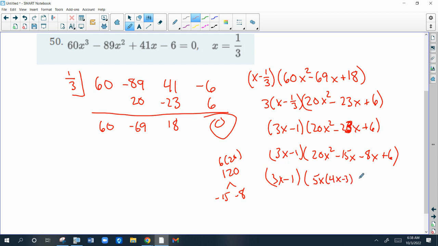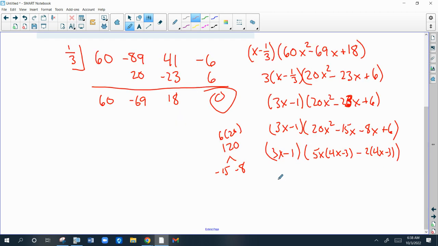And from the second one, I'm going to factor out a -2. So I get the 4x minus 3's on both of them, so I can factor that out. So my final factorization here is 3x minus 1, 4x minus 3, and then 5x minus 2. So that's the complete factorization.